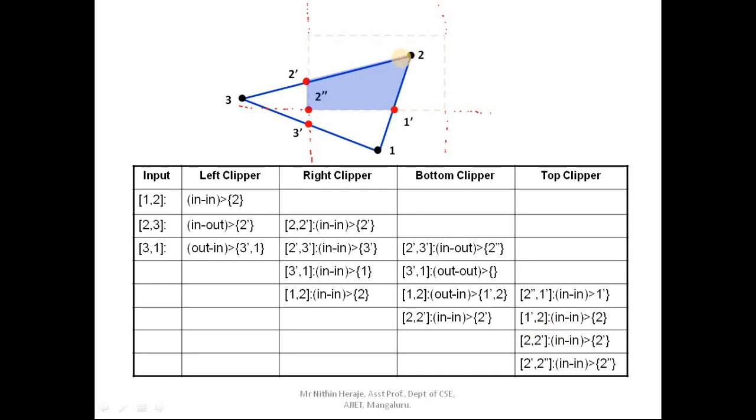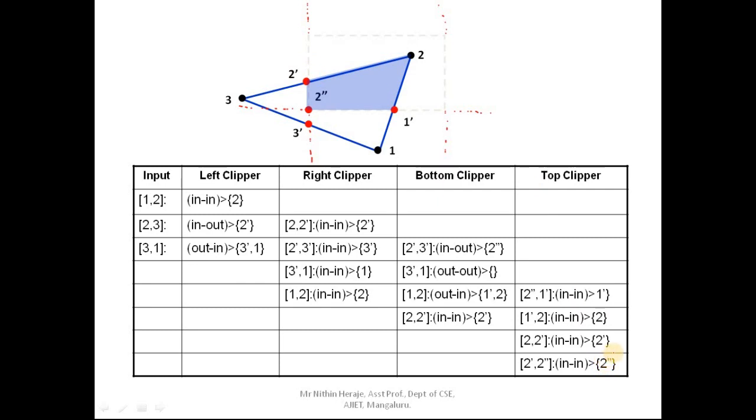Next is 2 comma 2 dash, both are inside, in, so you will have 2 dash. Next is 2 dash to 2 double dash, again this is also in, and you will have 2 double dash.